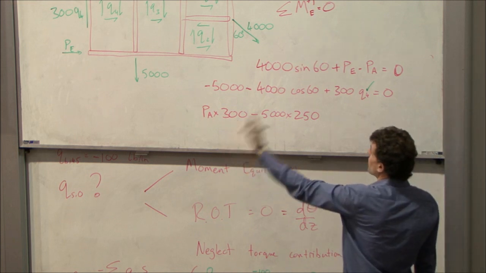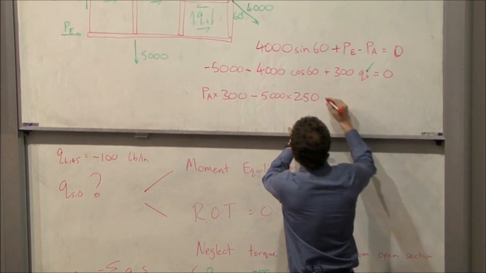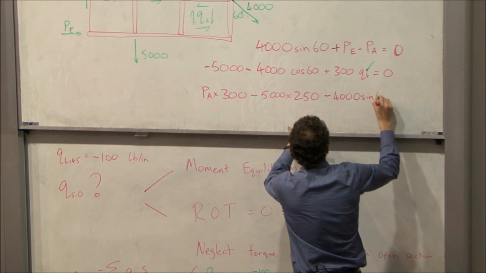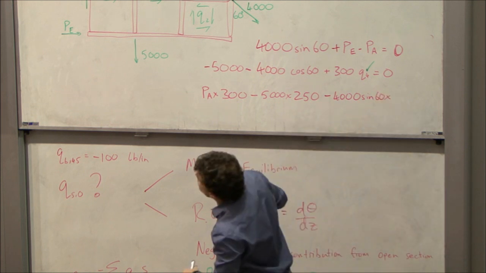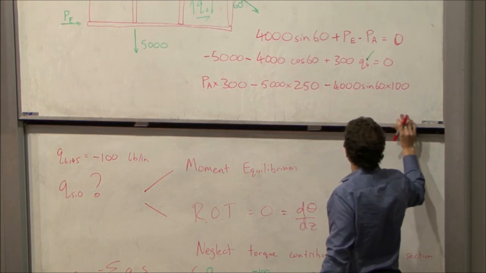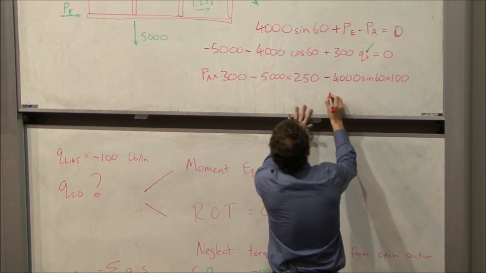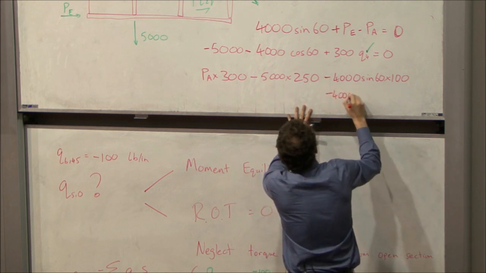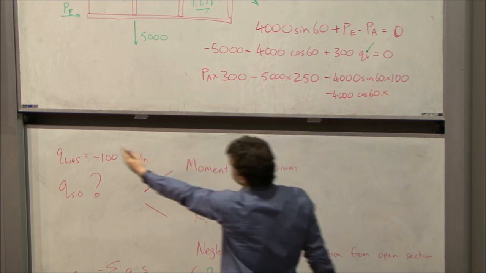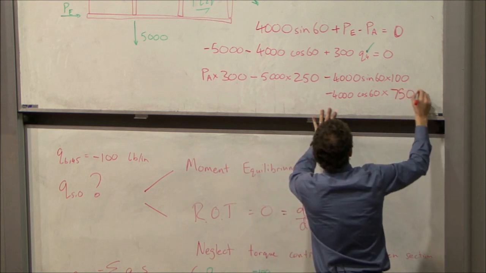We'll have a clockwise component from the x part, so minus 4,000 sine 60 times 100, and a clockwise component from the y part, minus 4,000 cos 60 times 750, equals 0.